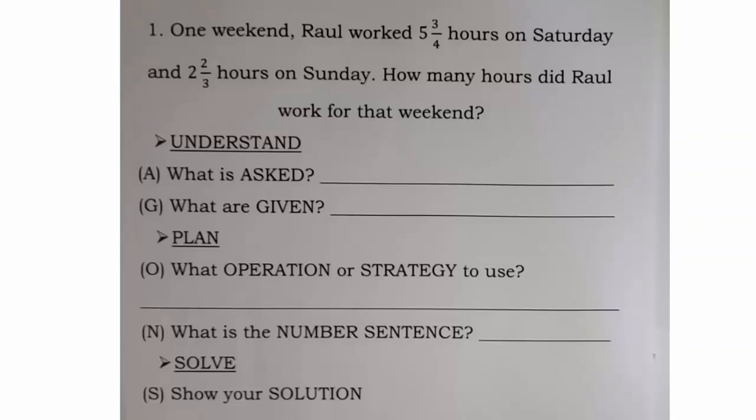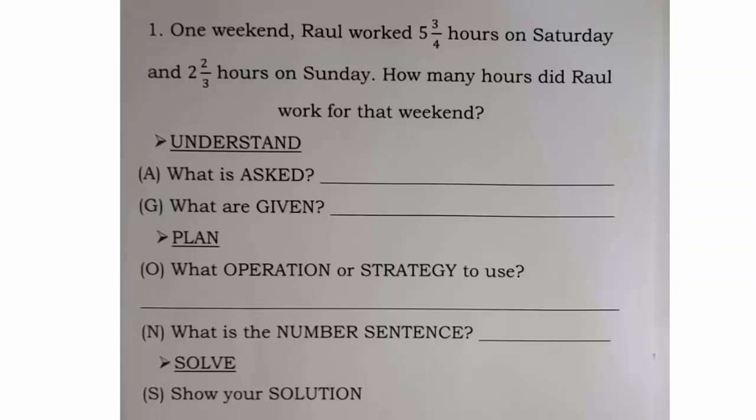Of course, I would like also to remind you that our Agonza step also follow the steps suggested by Polya. Understand is we need to know what is asked and what are given. For planning stage, we always have to look for the operation or the strategy to be used in solving the problem. Of course, we will also have to make up for our number sentence. And for the solve, we have to show our solution.